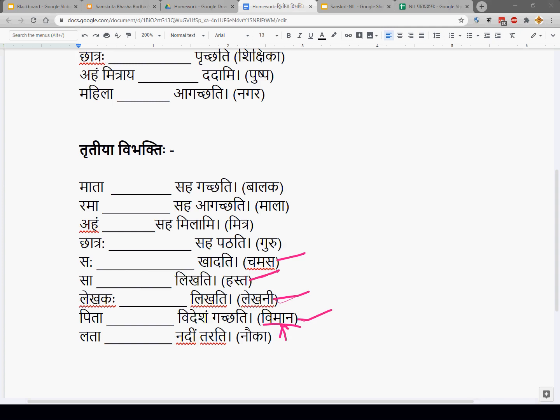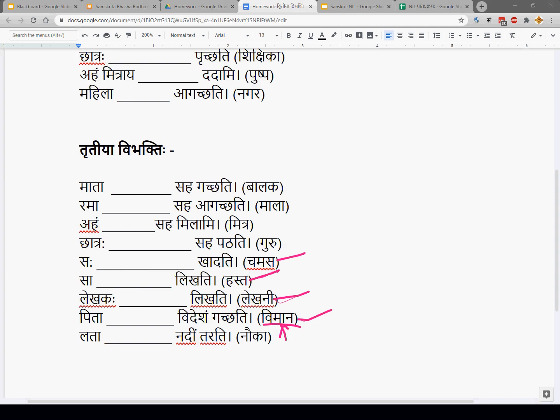However, there are many words in Sanskritam which could be in multiple lingam. Vimana is one of them. Vimana could be Pullingam and Vimana could be Strilingam. Napusakalingam, Vimanam. The meaning is the same.